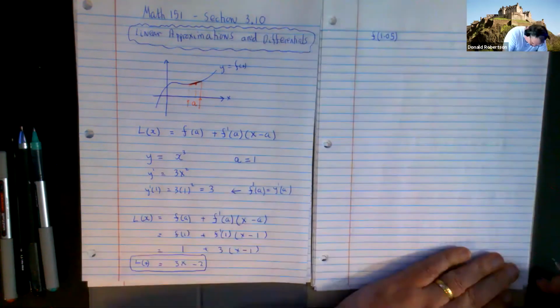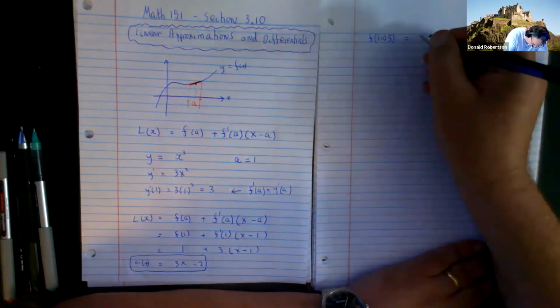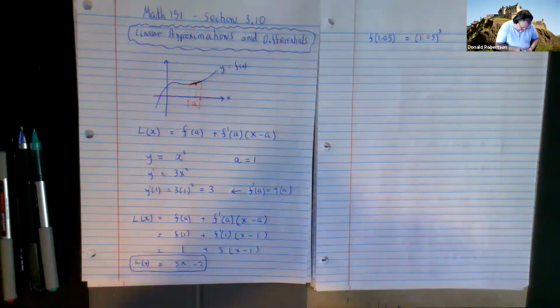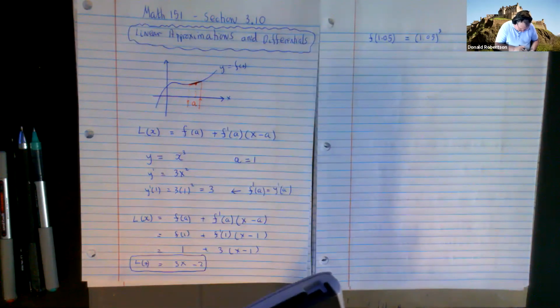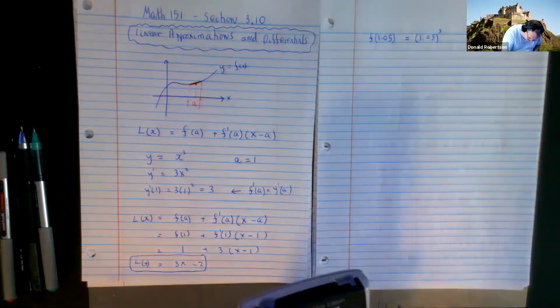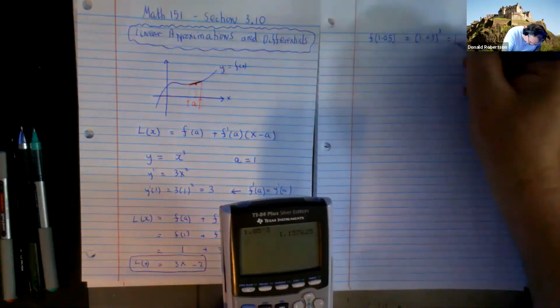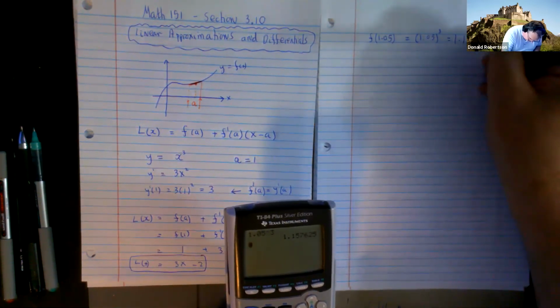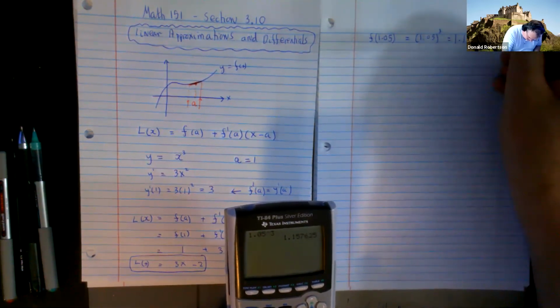Now, the real value of the function is 1.05 cubed. So I'm going to calculate that just to see how good the approximation ends up being. And the correct answer is 1.157625.